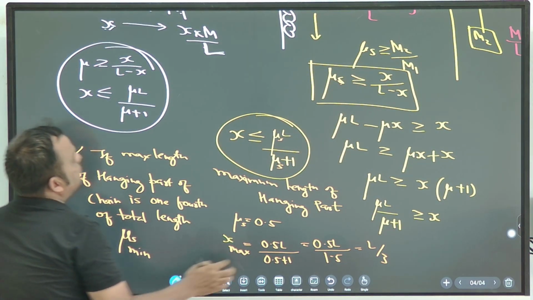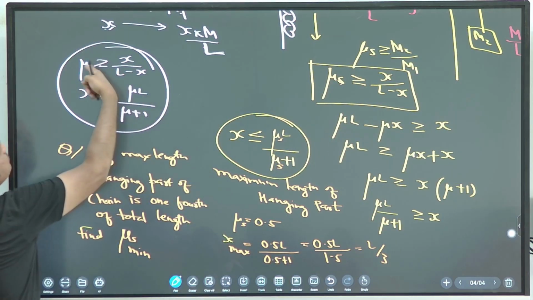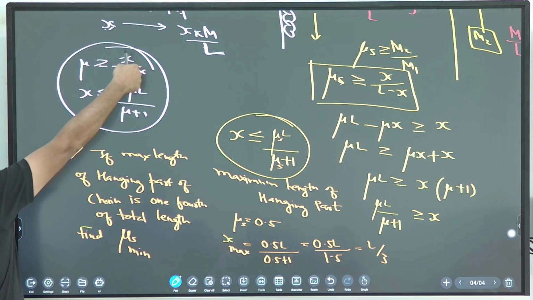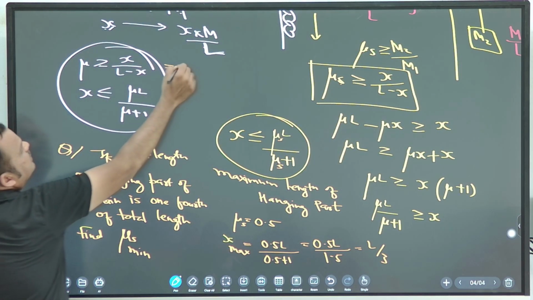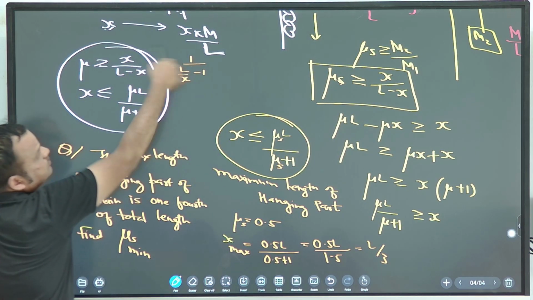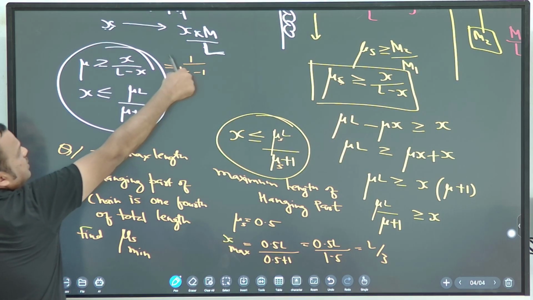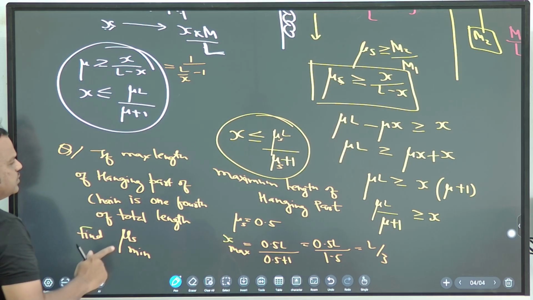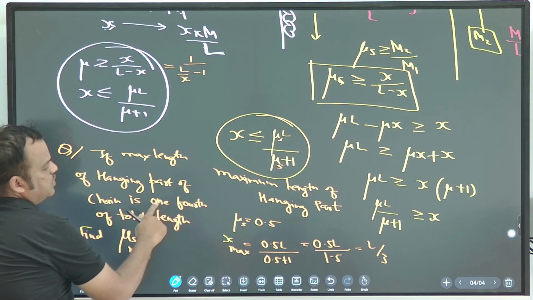So what is the formula for minimum value of mu s? This mu must be greater than or equal to x by L minus x. You can also write it like this, 1 upon L by x minus 1, correct? You can memorize this or like this. So what is the length of hanging part? 1/4.